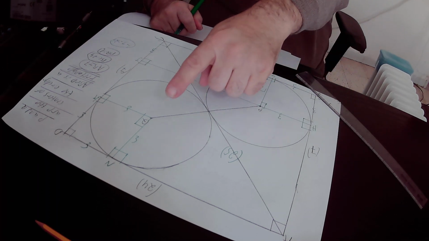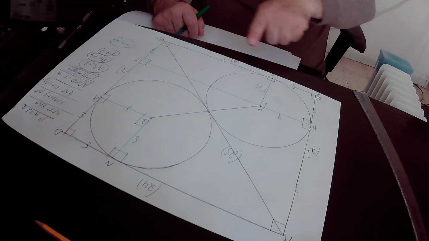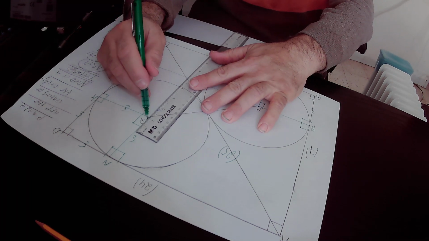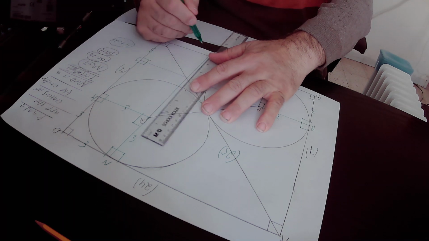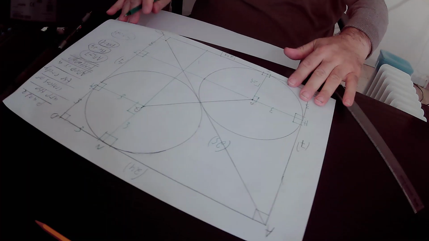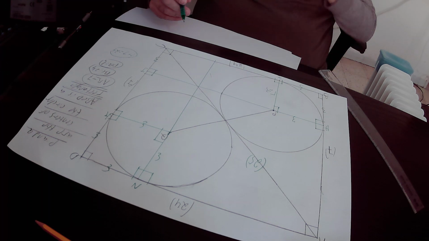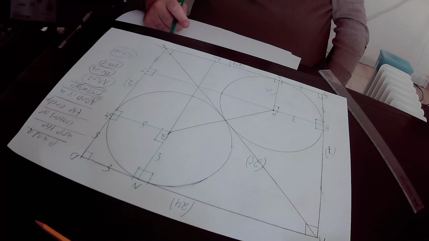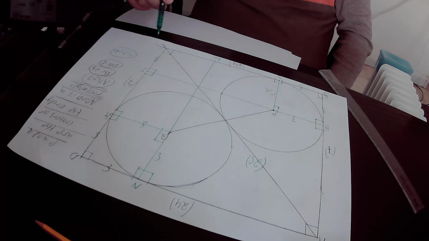We will extend the radius NQ until it touches side BC of rectangle ABCD. We will define the touching point of the extended NQ with side BC as point L. In this way, we created quadrilateral NDCL.